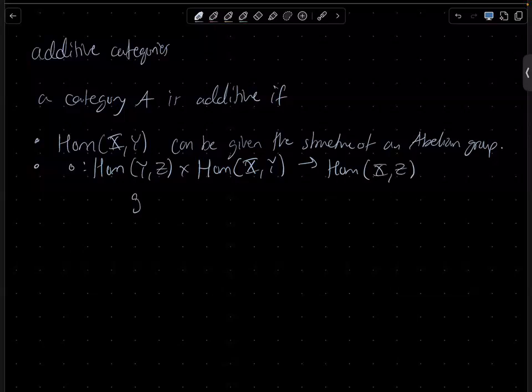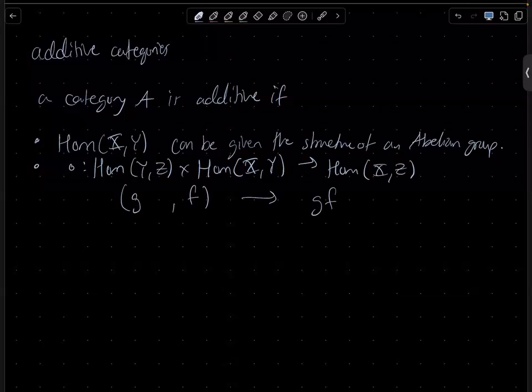I take any two maps like this, g and f, so g from y to z and f from x to y, and I compose them, right? So I get gf. This composition map should be bilinear.